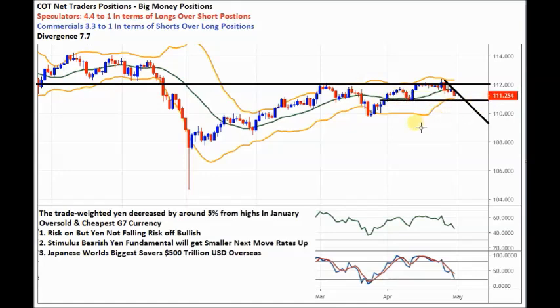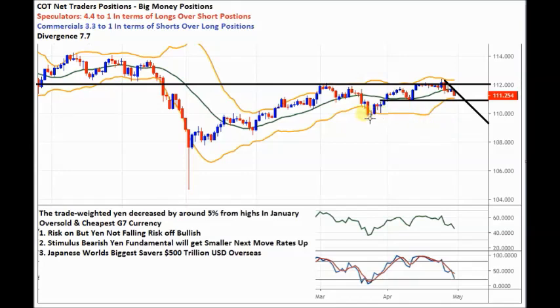That level there is another round number, so you always get a lot of order flow around round numbers. And we just want this level cleared. 110.80 will do it, and then the speculators will get taken out on stop. There are too many of them long.